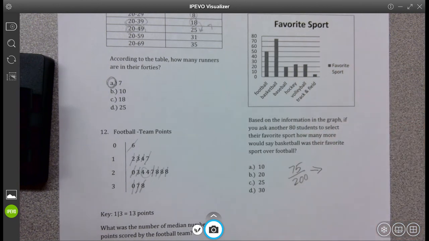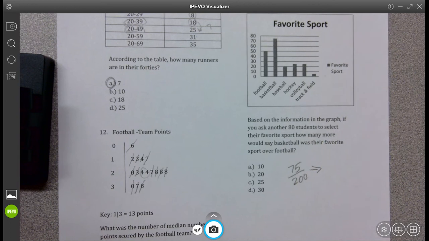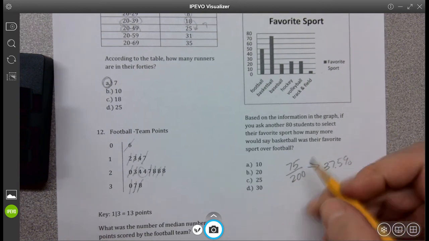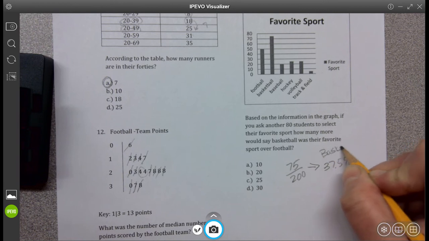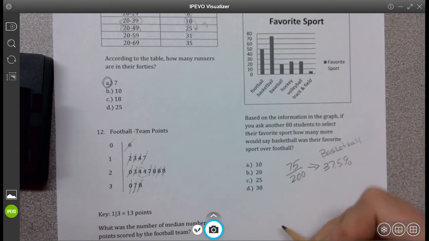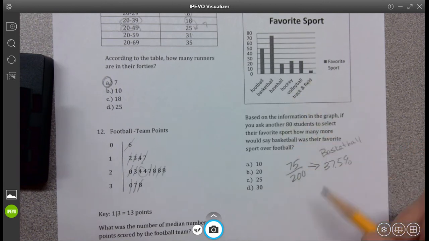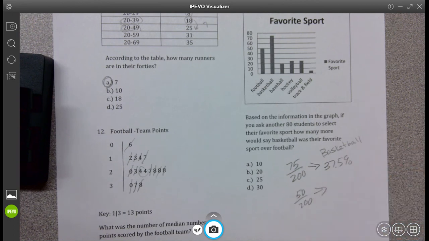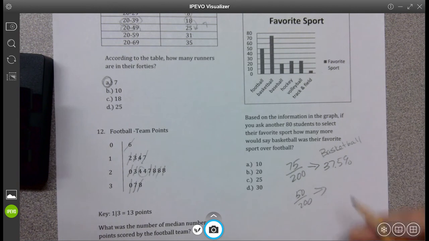Okay, 75 out of 200. That's 37.5%. And then for football, it was 50 out of 200, which is 25%.